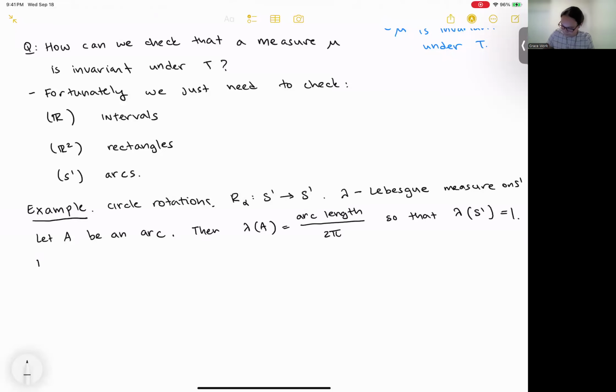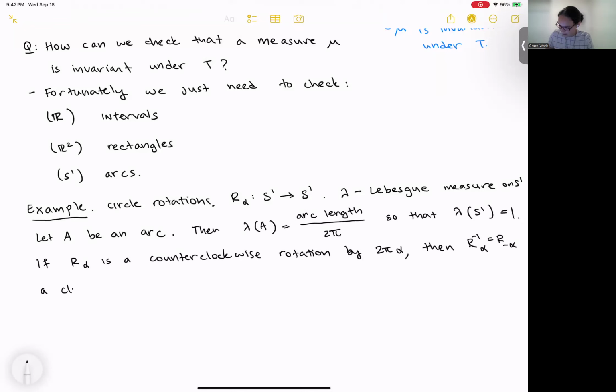If our rotation R of alpha is a counterclockwise rotation by 2 pi alpha, then the pre-image, or R inverse of alpha, is equal to R of minus alpha, and this is a clockwise rotation by 2 pi alpha.